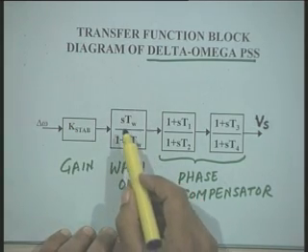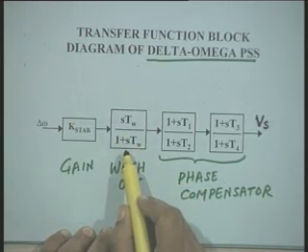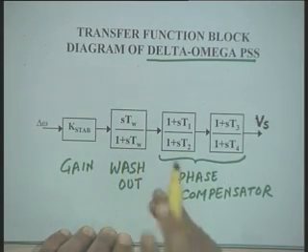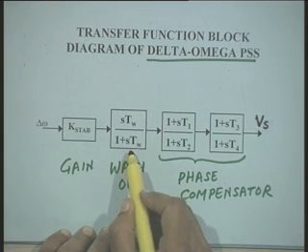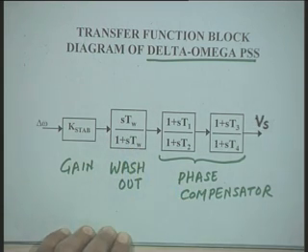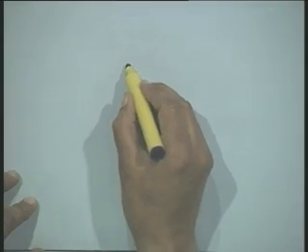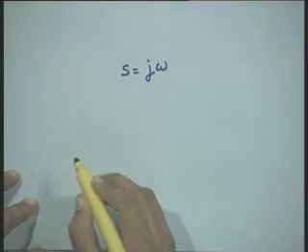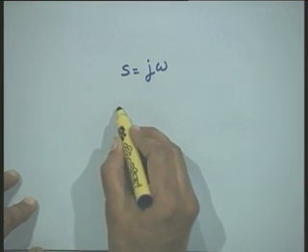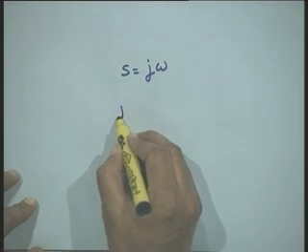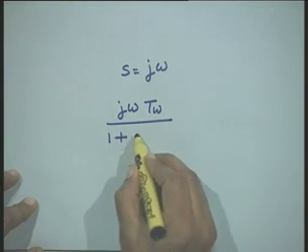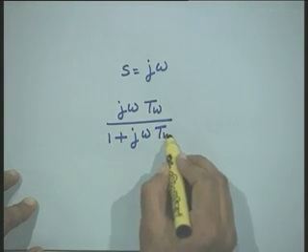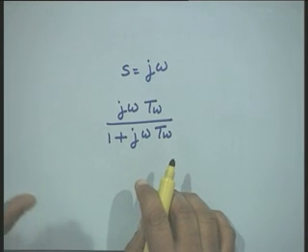However, for oscillation of the rotor, with S equal to j omega, the transfer function of the washout block can be written as j omega T W divided by 1 plus j omega T W, for any frequency of oscillation of the rotor.